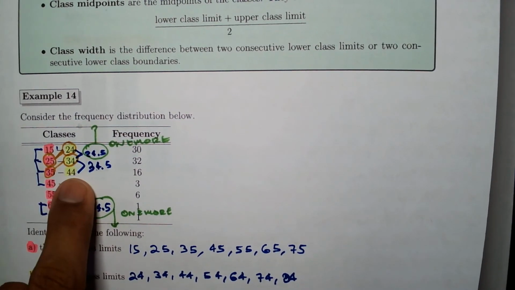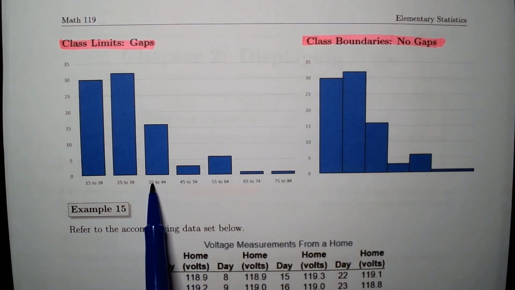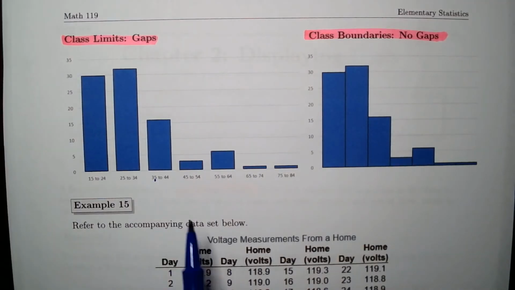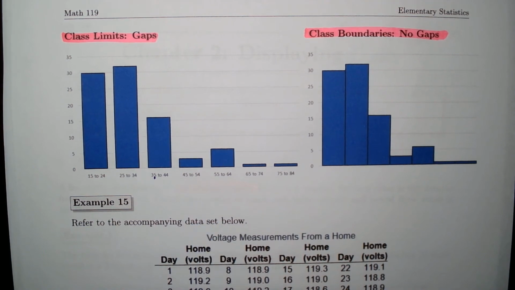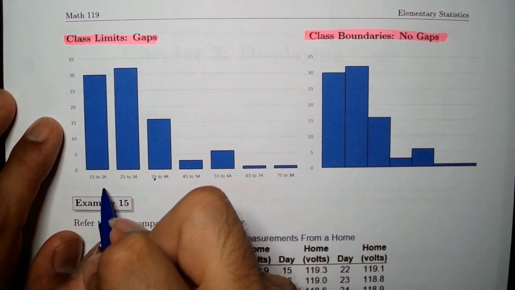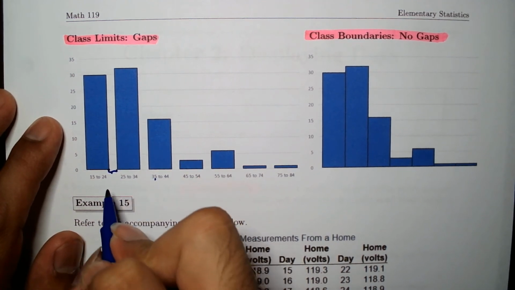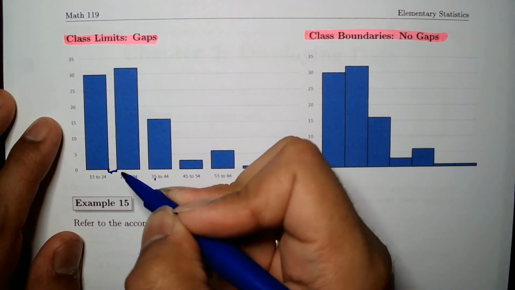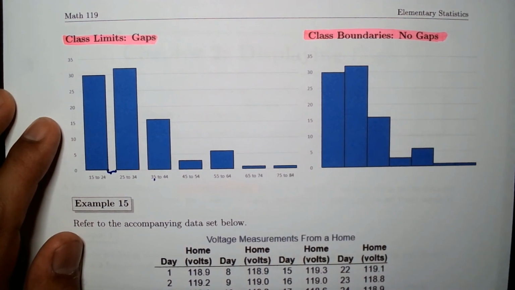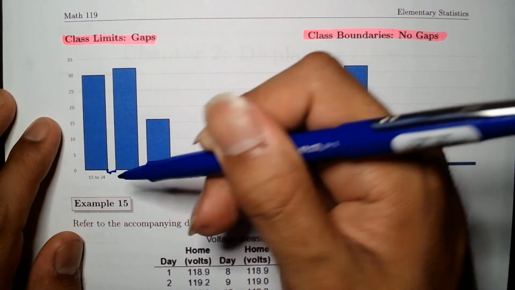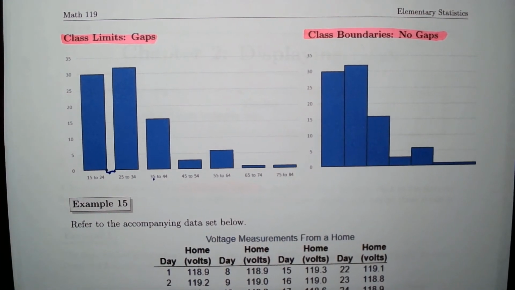And then 35 to 44, 45 to 54, etc. Notice in this case there are gaps in between, because in this gap we have all the 24.1, 24.2, 24.3, or 24.111, all those numbers that are not between 24 and 25.